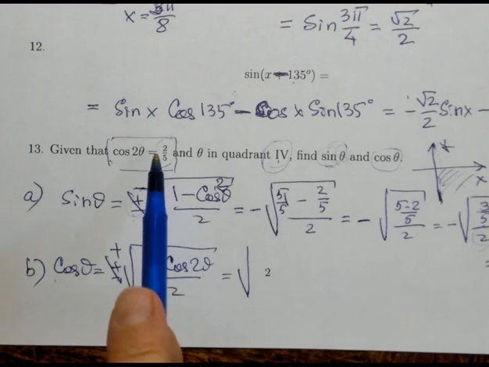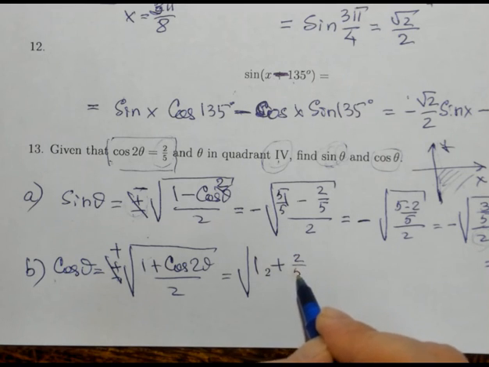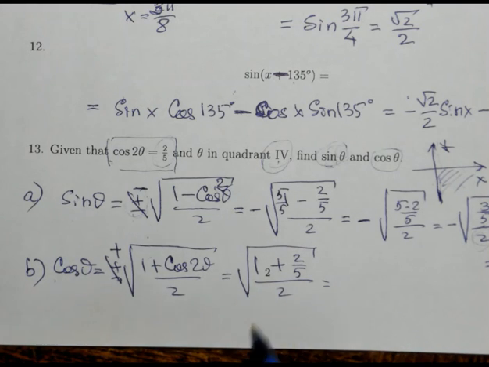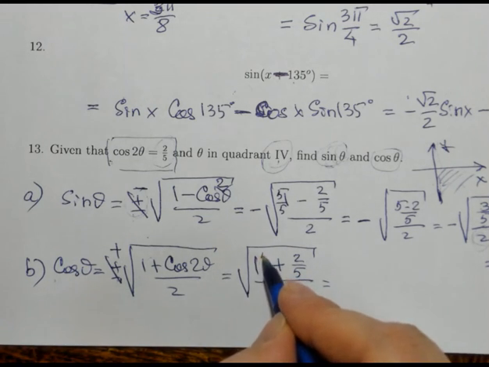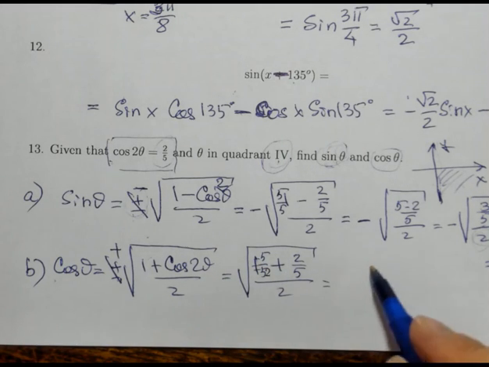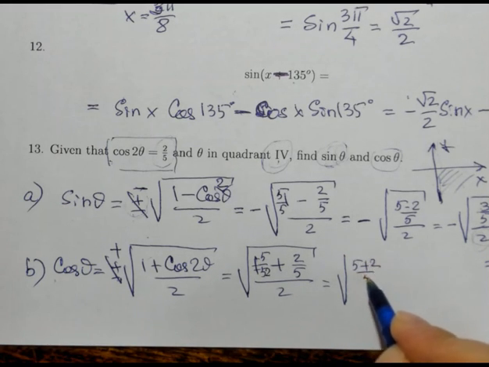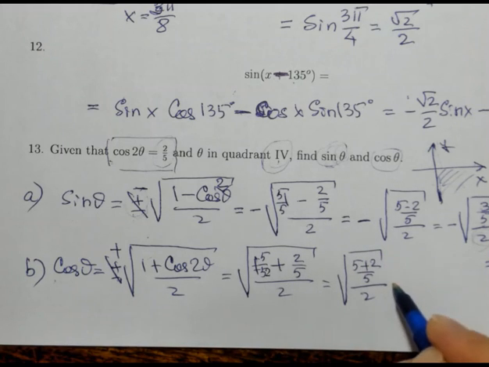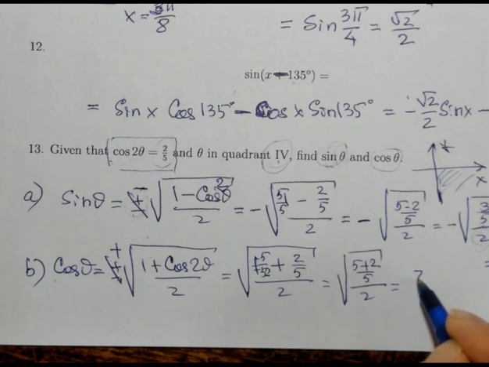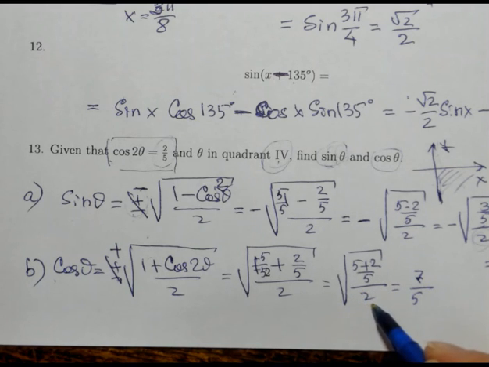Now let us substitute cosine of 2 theta. It will be 1 plus 2/5, and it must be divided by 2. The same procedure: we represent 1 as 5 over 5. Now both fractions have the same denominator. We have 5 plus 2 over 5 divided by 2. 5 plus 2 is 7, divided by 5, and divided by 2 or multiplied by 1/2.